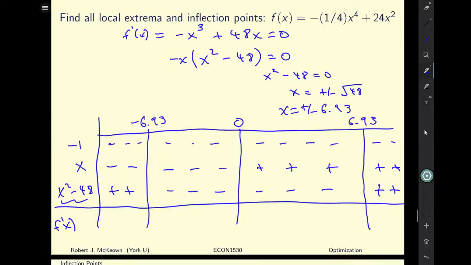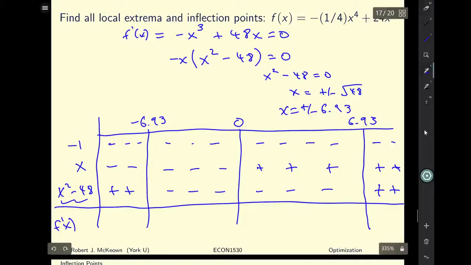And so if x is less than negative 6.93, the first derivative is going to be negative, so it's decreasing. Oh, that's totally wrong, right?